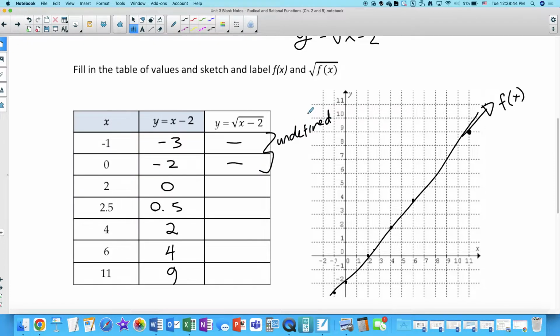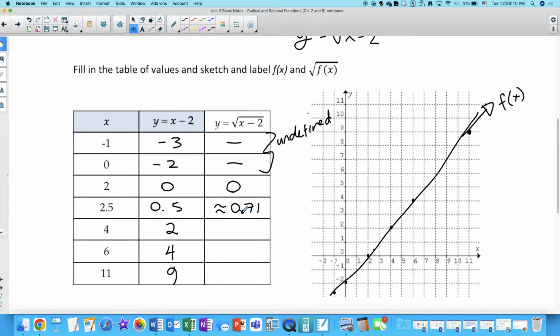Okay. What about here? Square root of 0? 0. The square root of 0.5, now that's an irrational number. So I'm going to do it on my calculator. I'm getting about 0.71-ish. This is also going to be irrational. It's going to be the square root of 2.